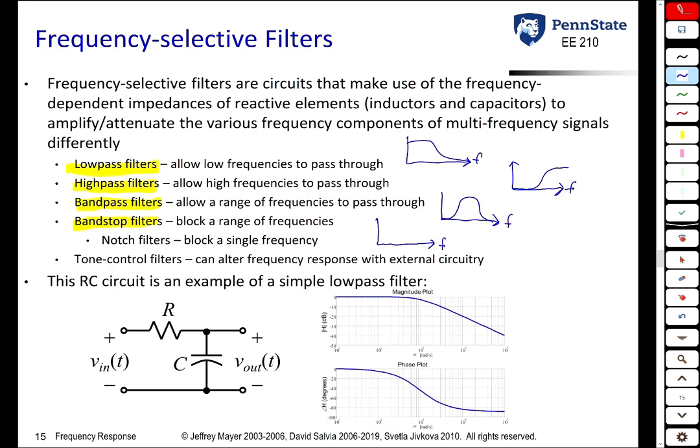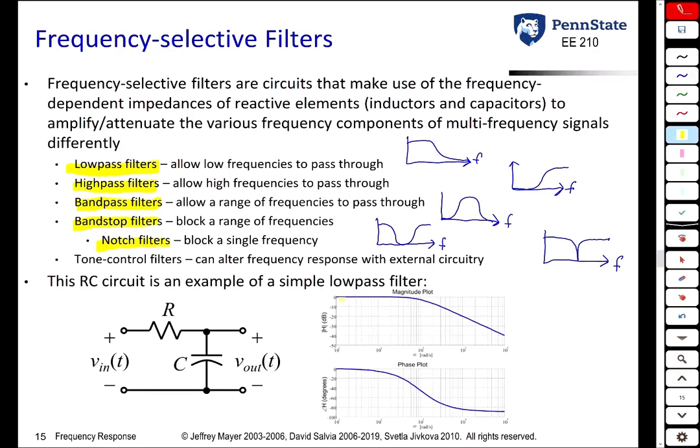So at low frequencies and high frequencies, it will let the signal pass through, but in between it will block. And there's a subset of band-stop filters called notch filters that block a single frequency. So a notch filter would look something like that.